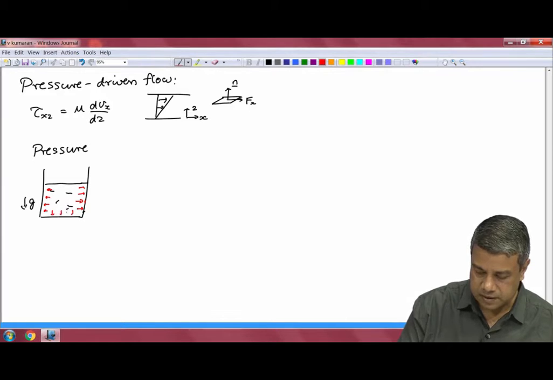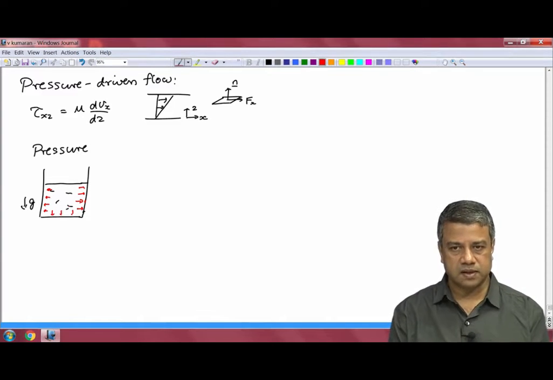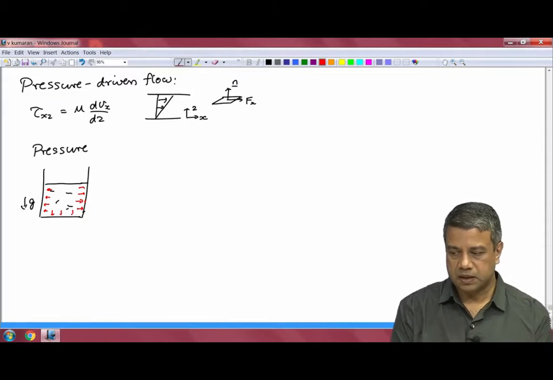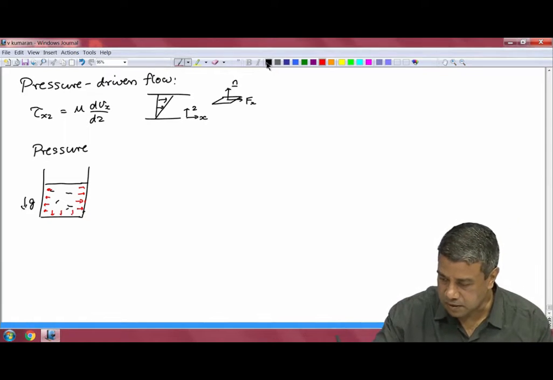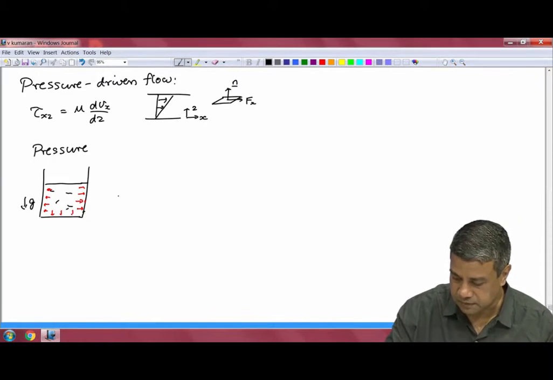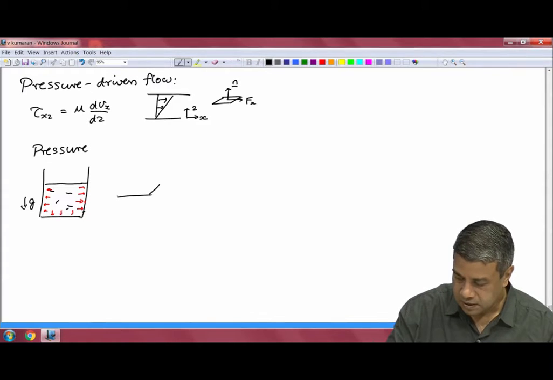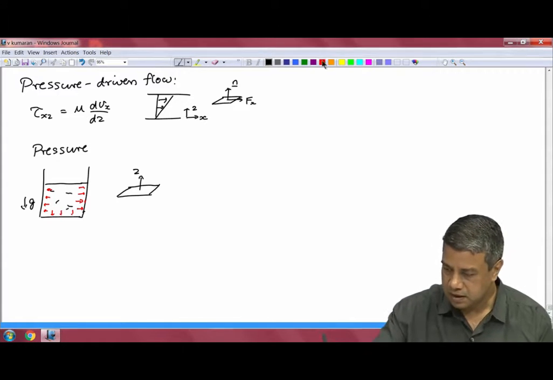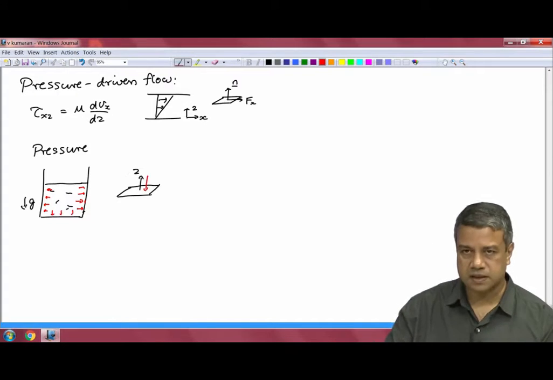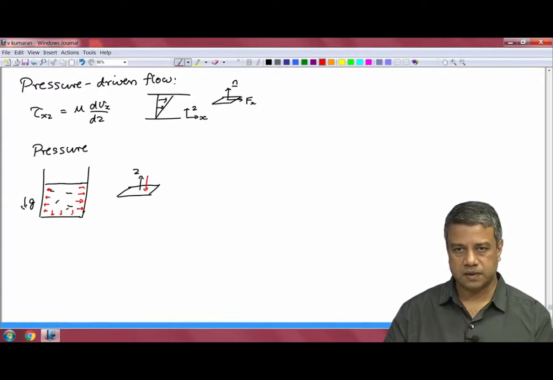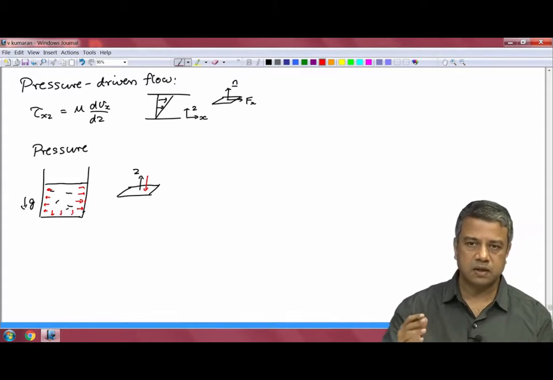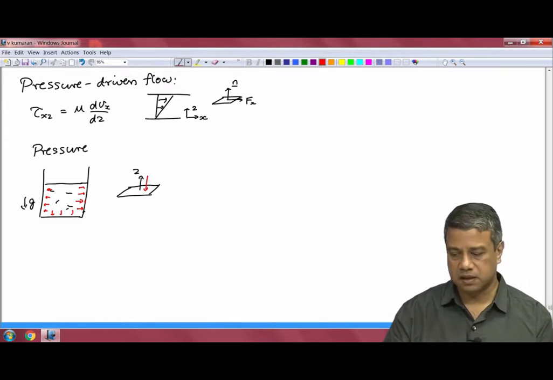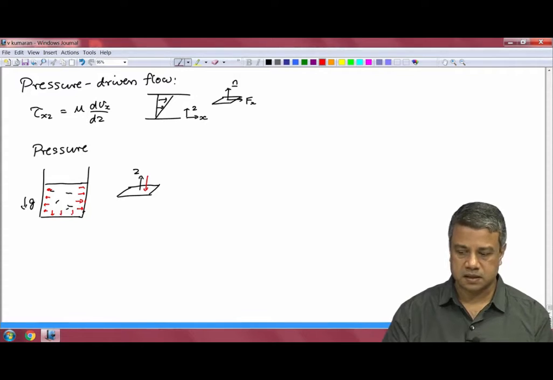So, the direction of the pressure is always along the inward perpendicular to the surface. If you had a surface within a fluid whose outward unit perpendicular is in the plus z direction, the pressure will act in the minus z direction.